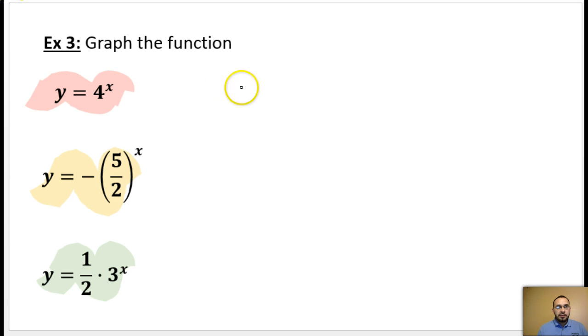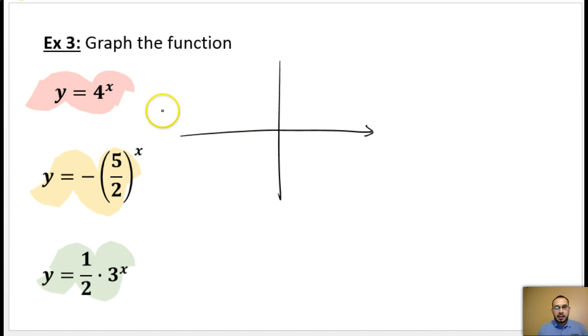Just to prep for it, let me draw my y and x axes. We're going to go 1, 2, 3, 4, 5. Here's x: 1, 2, 3, 4, 5. Here's y: 1, 2, 3, 4, 5. Remember that's a negative. And 1, 2, 3, 4, 5.